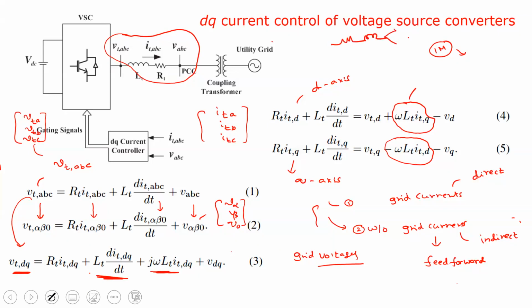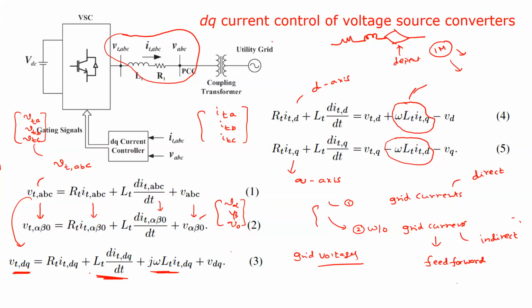We represent this with dependent sources. Why do we represent it with dependent sources? Because its values depend on the other circuit, right? When you model the induction machine, we have q-axis and d-axis equations, and in the d-axis equivalent circuit we have one voltage that is related to the q-axis and vice versa, right?